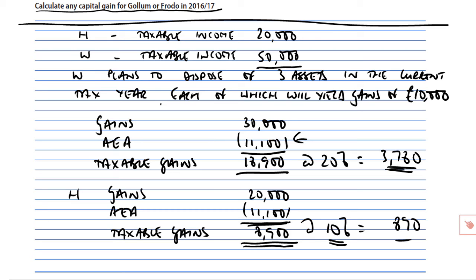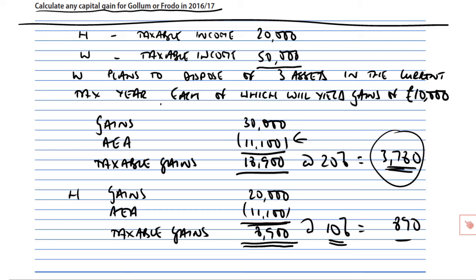And if either would have next year an unused AEA, simply sell the 3rd asset next tax year and utilise that spouse's AEA. Therefore, no tax would be payable at all. In that way, you'd save all of the £3,780.